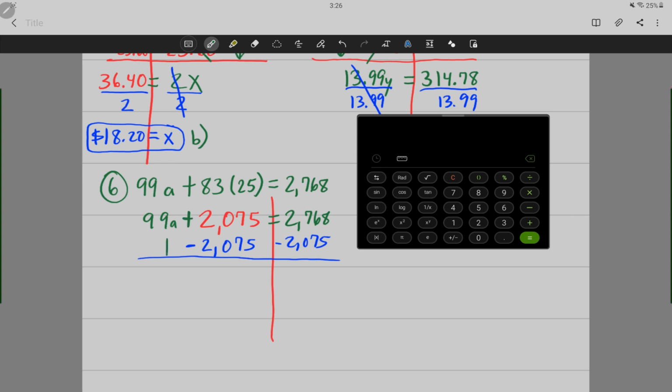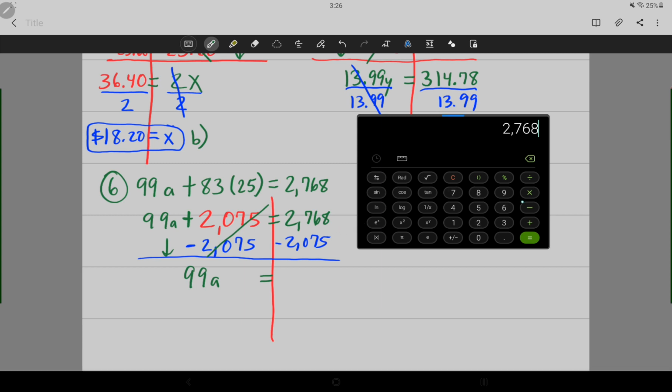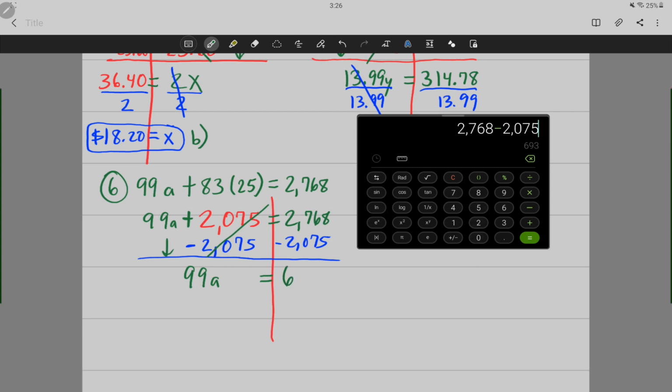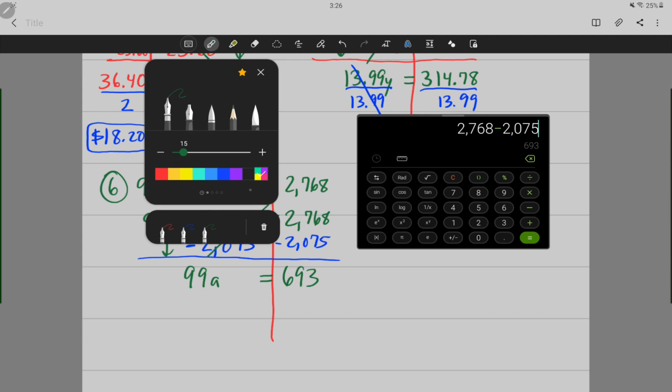So bring down the 99A. We've not used it yet. 2,075 minus itself is 0, so cancel. Bring down our equal sign. And 2,768 minus 2,075 gives us 693.